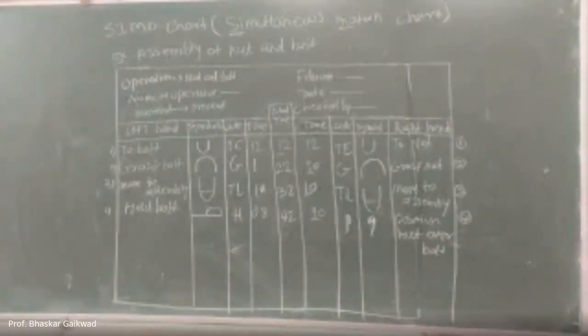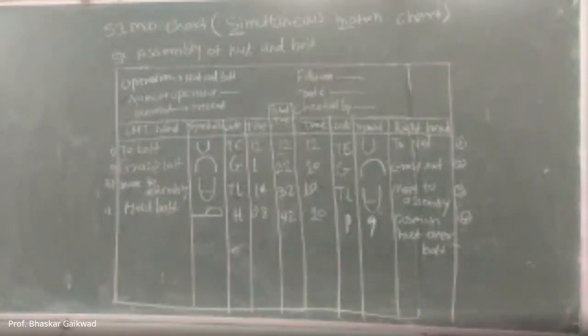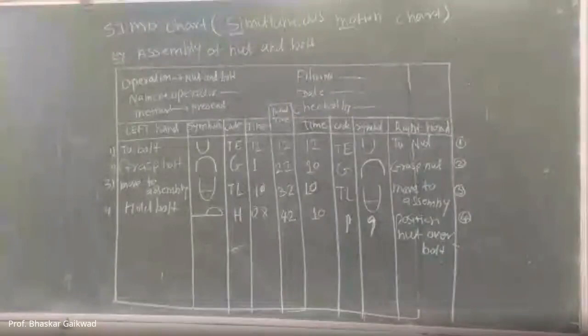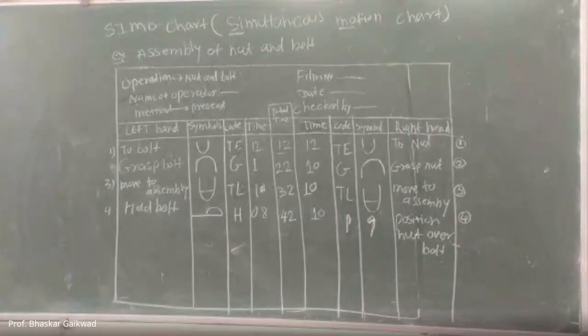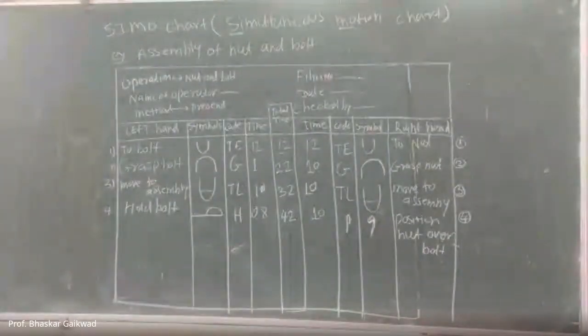So our total cumulative time is 42 for assembly of nut and bolt. It is expected, through the CMO charts in the shop floor of the industry, that we reduce this time. If activities or motions are fixed, then you can think over the times.